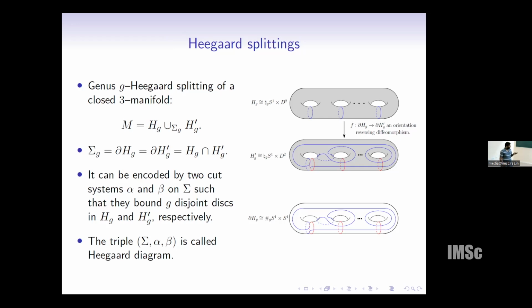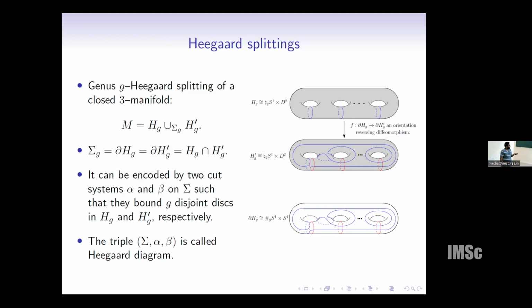But by the Alexander trick, one can see that attaching the disc D3 to the resulting manifold will not matter. It will give the unique manifold. So this manifold M can be obtained uniquely by this attachment, but this attachment is only determined by the map on these blue curves. So this Heegaard splitting can be encoded by two cut systems alpha and beta on sigma, such that they bound g disjoint discs in Hg and Hg prime.